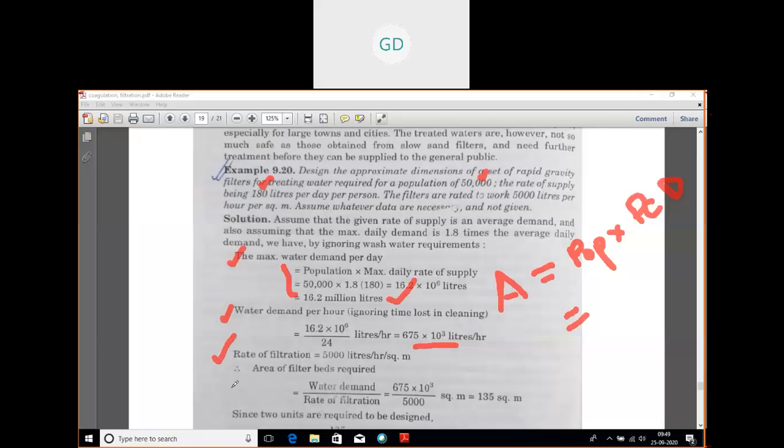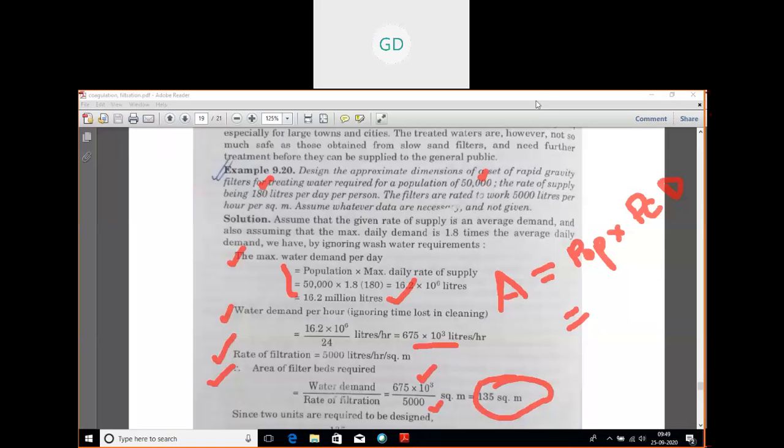Then you can find out the area of the filter beds. You can find out the water demand divided by rate of filtration, as we have done in the previous numerical. So your water demand is 675, which we already got, and your rate of filtration is 5,000. So you got the area to be 135 square meter.